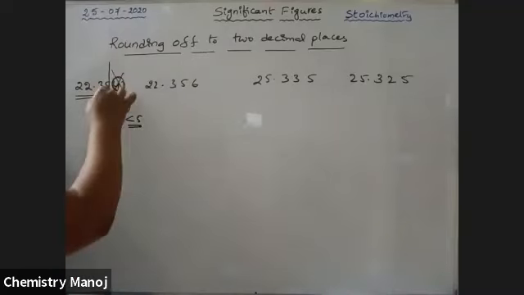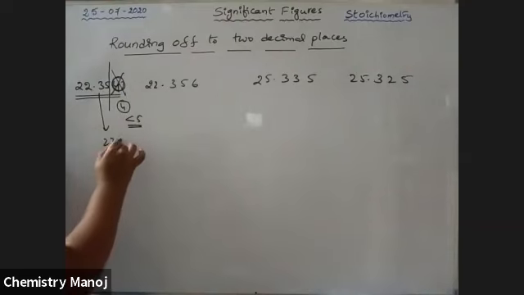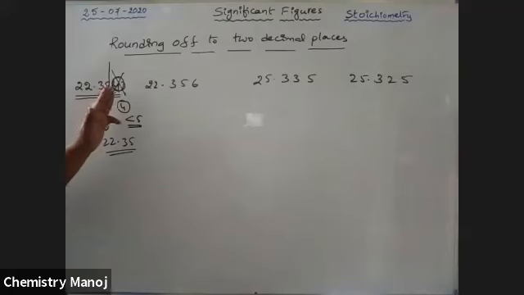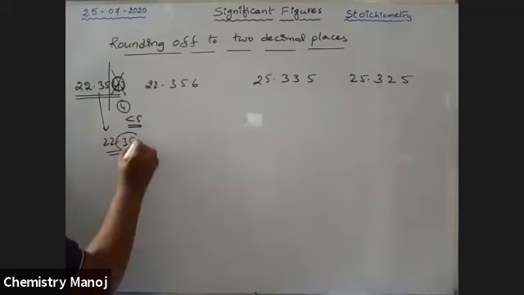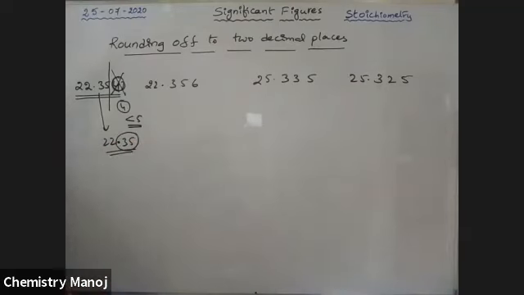So neglect this value. Our answer is 22.35. If it is less than 5, remove that value, and the remaining is the answer. With two decimal points, the answer is 22.35.